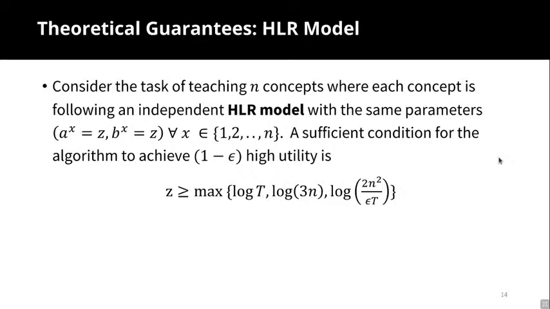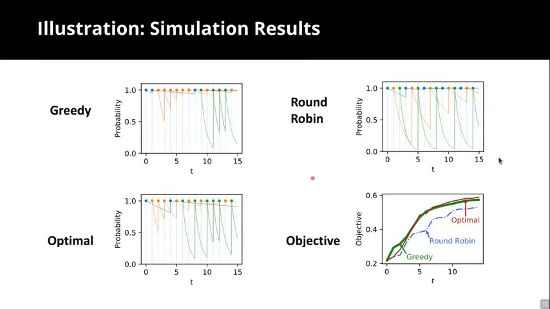Good. Hopefully that gives you a flavor of what kind of tools we're using to analyze the performance of the sequential teaching algorithm in an adaptive way. I'm probably a bit short on time, but I'll show you what we did in terms of the empirical user study to validate the performance of the algorithm. This slide is just one illustration of the theoretical behavior.